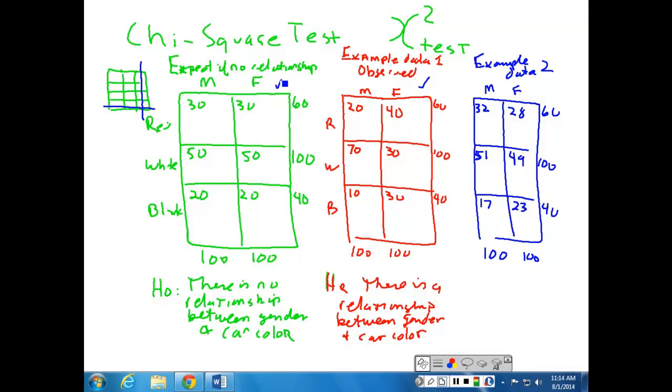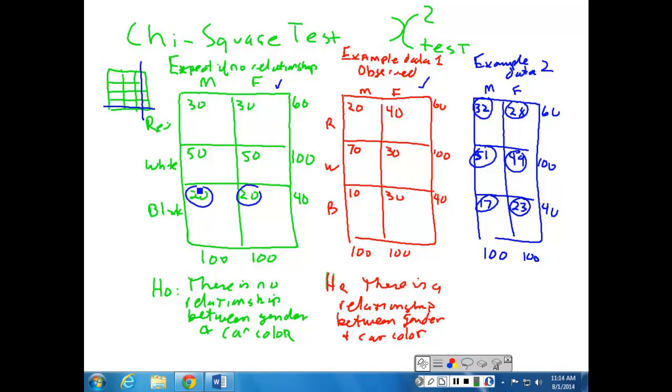But these are pretty close to what you would expect if there's no relationship. Therefore, I'm not going to reject H0. I'm going to conclude that there might not be a relationship, again, because the numbers here are reasonably close from here.